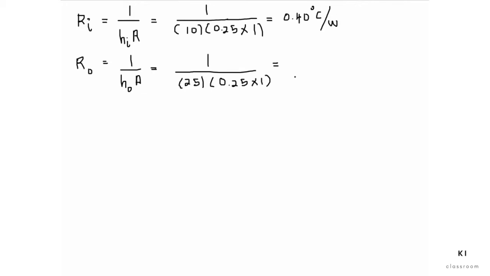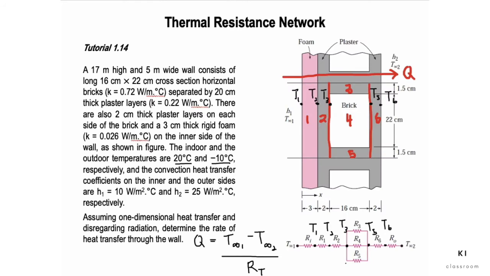So here you're gonna get 0.16. So we've done with the convection. Okay, next we go to each one of the conductions.